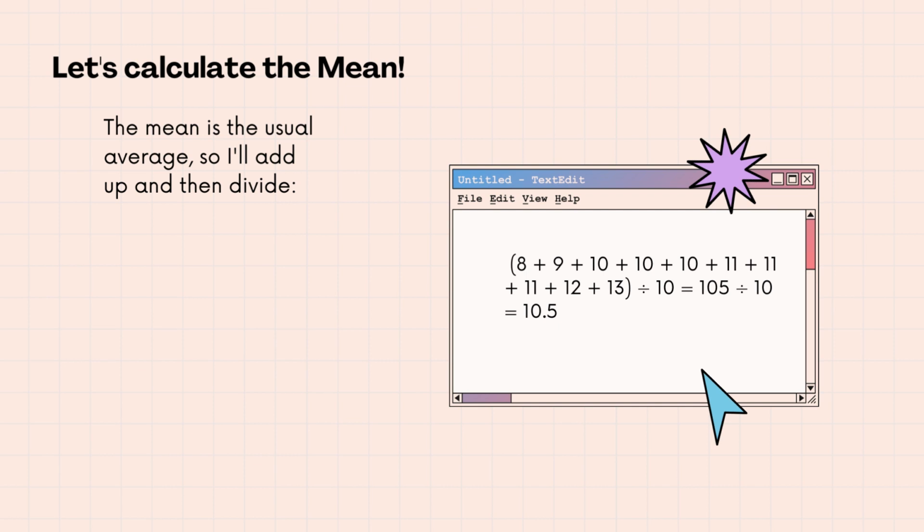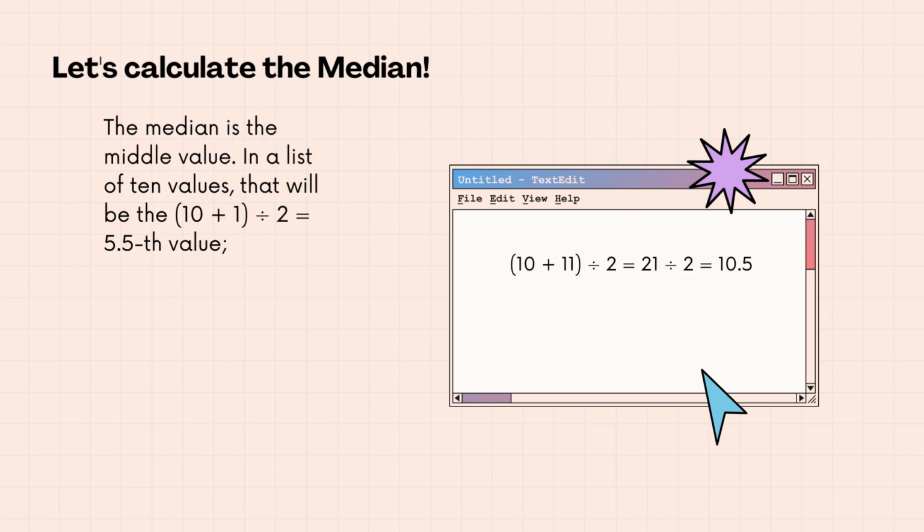And then the median. The median is the middle value in a list of 10 values. That will be 10 plus 1 divided by 2 equals 5.5, so the 5.5th value.